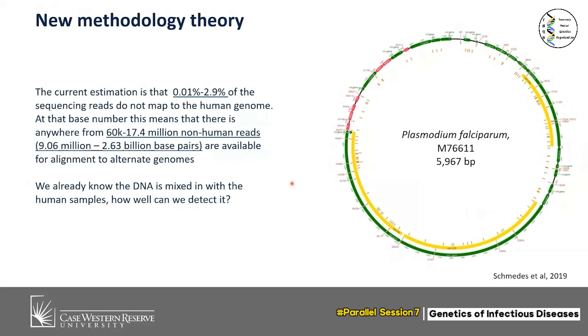This, along with knowing that the parasitic genome is in there, brought me to the idea of being able to align it to the Plasmodium genome. And we started this, if you can see over here, with the mitochondrial DNA. So let's see if we can combine these two theories together and actually make this detection methodology work.